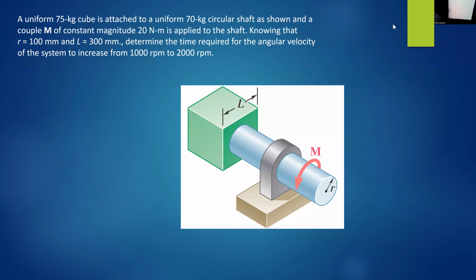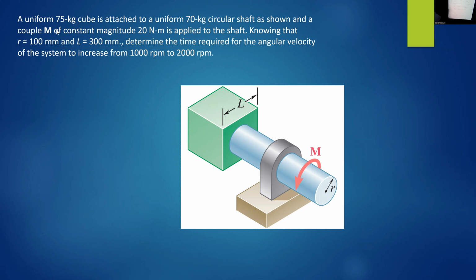Okay, let's do a simple example. Now this one doesn't take much. It's just a simple setup, but it's just meant to show you what the moment over time is. So we have this cube and we have a cylinder. Effectively what you're going to do is find the moment of inertia of the entire piece.